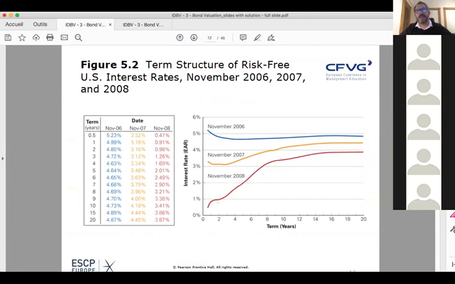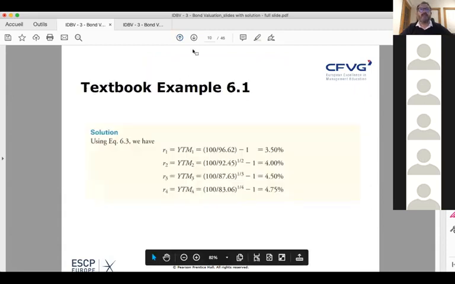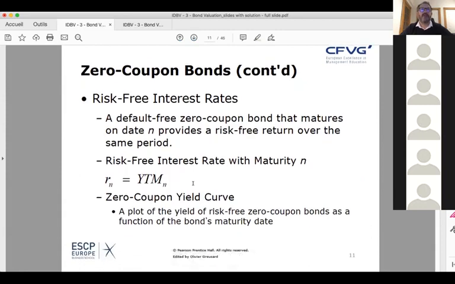You remember we were discussing the term structure of the risk-free interest rates, and we said that the normal curve should be like this, the red one after 2008. So the calculation we just did is representative of it, even if it's not the same amount. It goes in the same pattern.